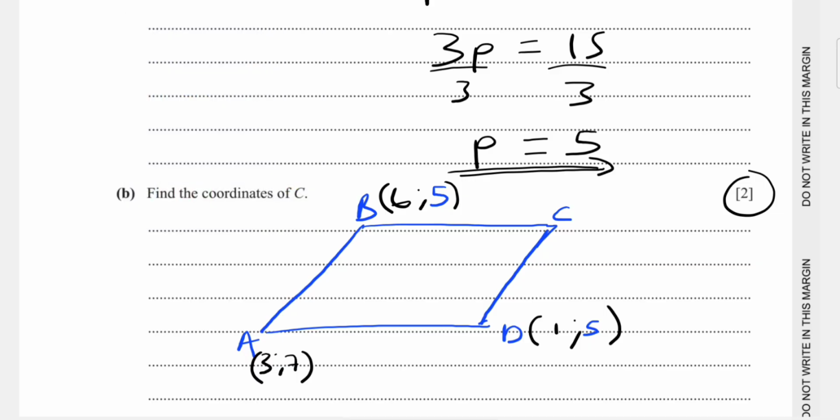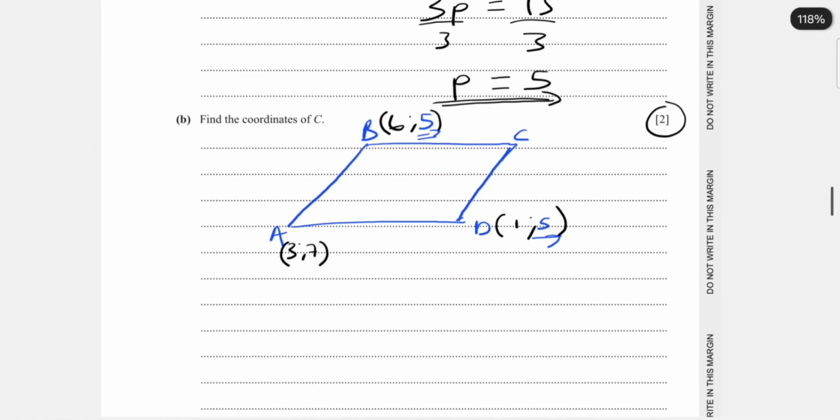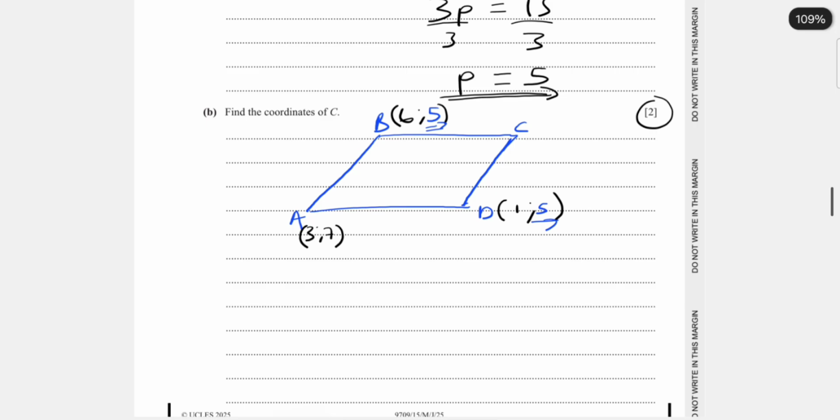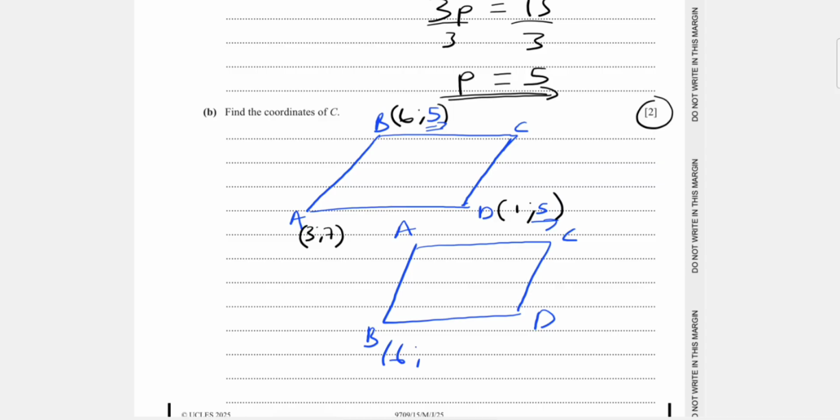Right? So if this is 5 and this is 5, we can try and draw a more accurate diagram with the 5s on one side. So D and B should be on the same side.